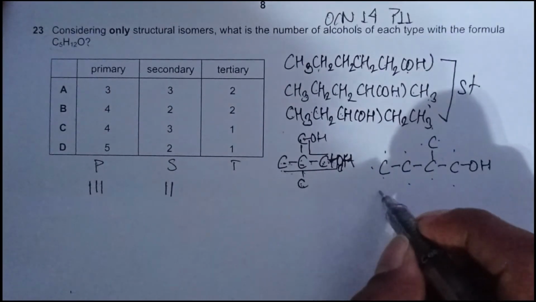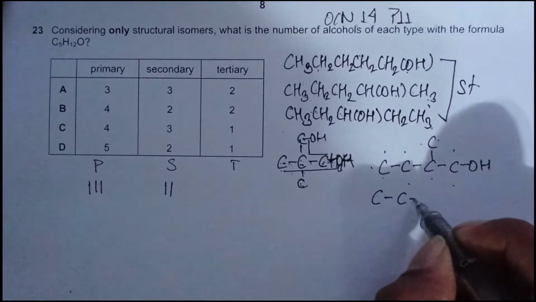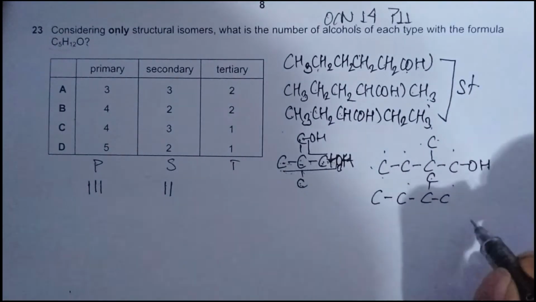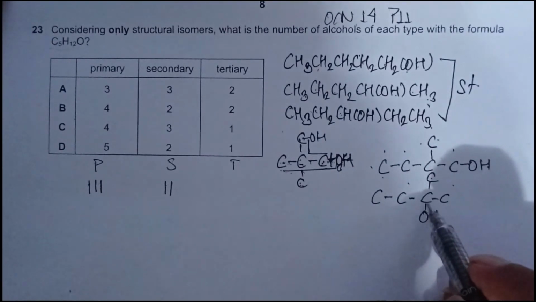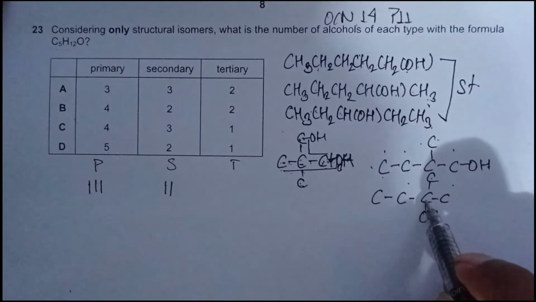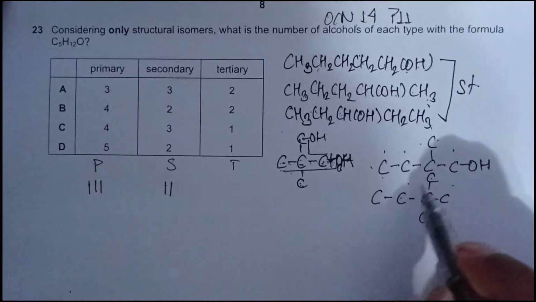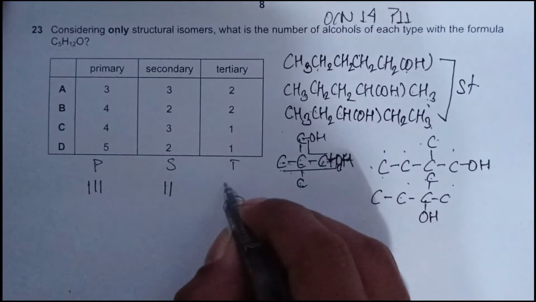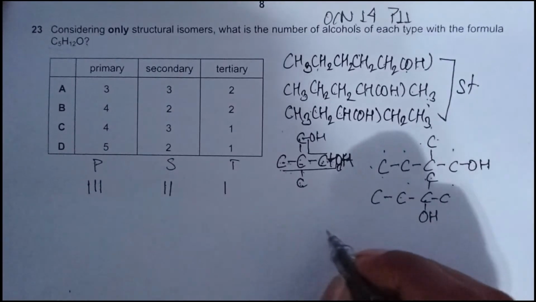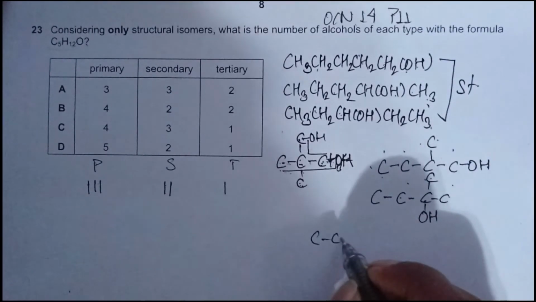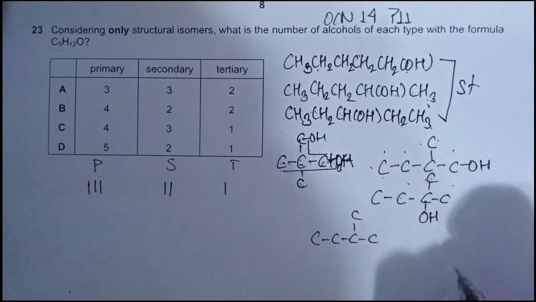We can also construct this 1, 2, 3, 4, 5 and OH here. OH here means this is going to be a tertiary alcohol because this carbon has an OH group and it is connected to 3 other carbon atoms, tertiary 1. Now another structure for this same pattern would be 1, 2, 3, 4 carbons here.